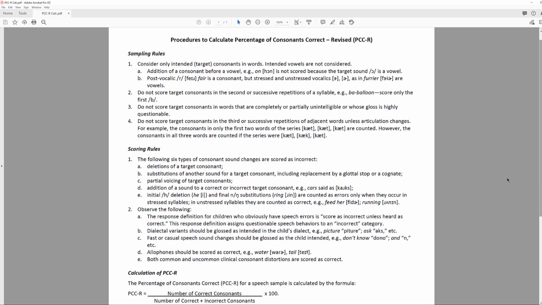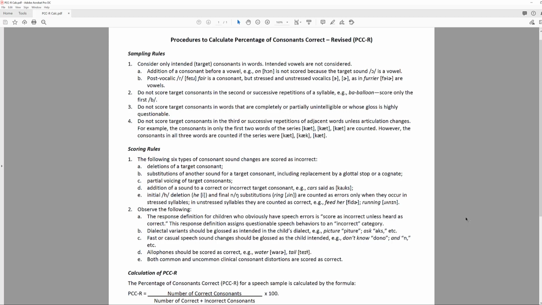productions as correct productions. So, summarized, what differentiates percentage of consonants correct from this more informal type of accuracy measure is that percentage of consonants correct, or PCC, involves all the consonants, whereas accuracy can be calculated for individual consonants, only a subset of consonants that you want to look at, or even larger components like consonant clusters.